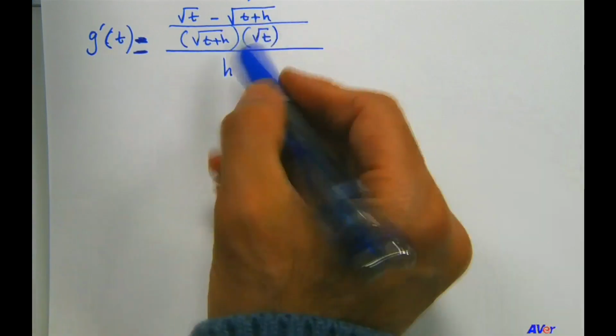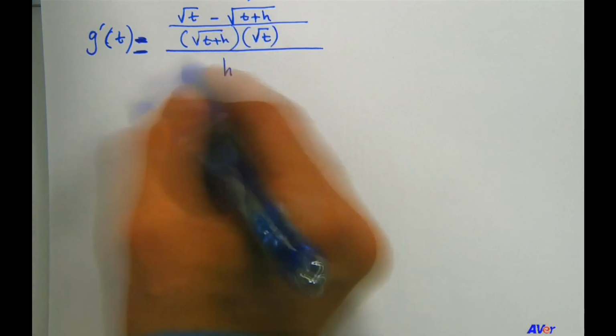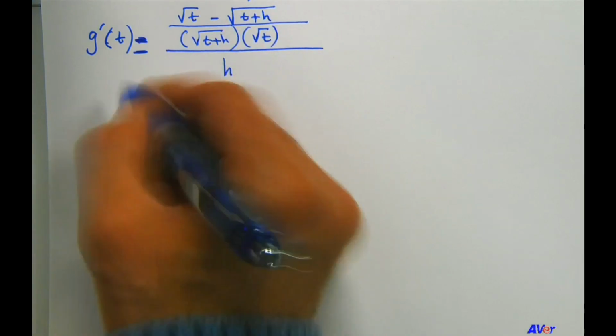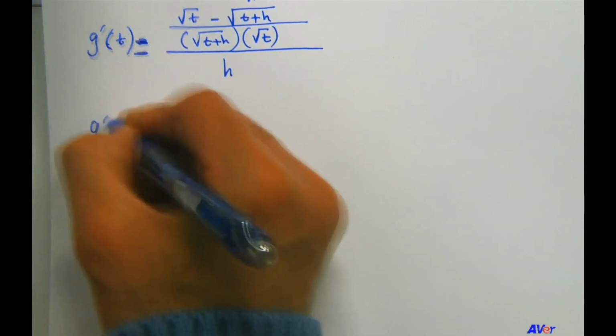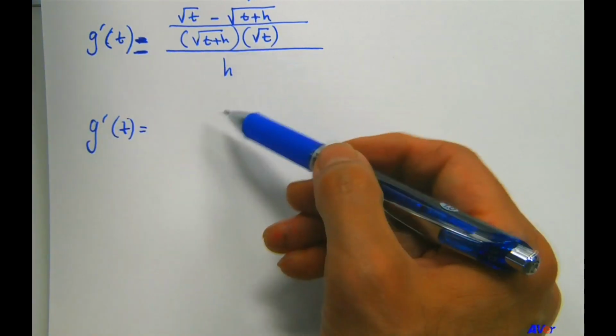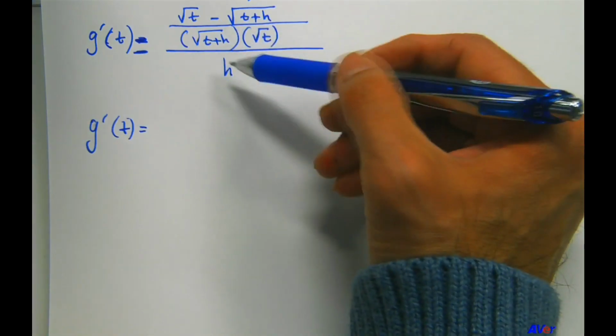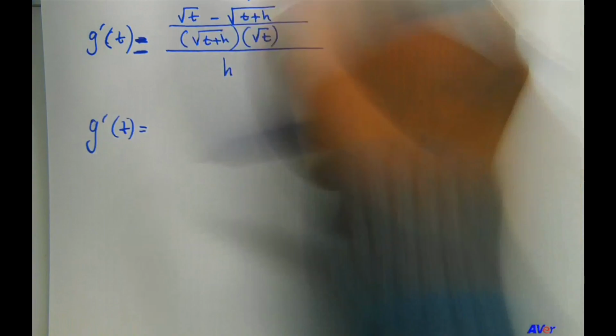Okay, so now let's simplify. This is a complex fraction, so we want to write it in a more simplified form. So let's do that. So g prime of t, I don't think I can fit all this because I want to list every step. So I don't think I'm going to be able to fit all the solution on this page.